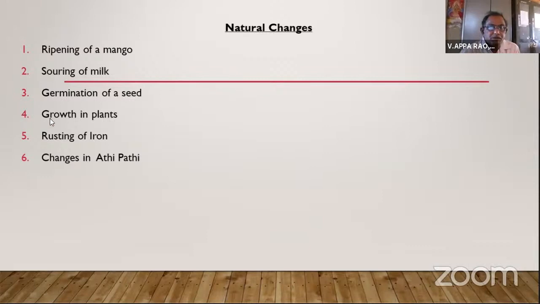Growth in plants is a natural change and also a permanent change. Rusting of iron is a natural change and a permanent change. Changes in APPA is a natural change and a temporary change.